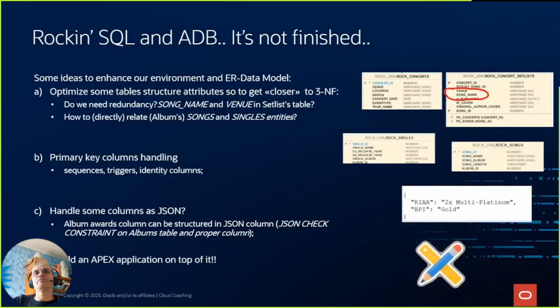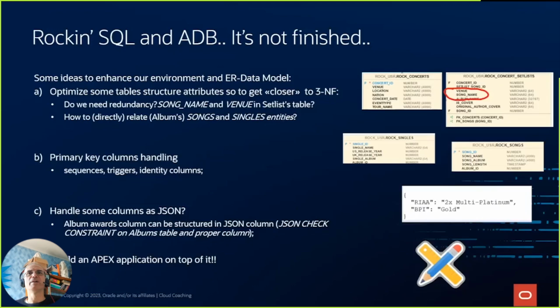Then songs, the songs of an album, and singles. In my entity relationship model, they are not immediately related between them. We don't have any kind of referential integrity constraints, but I have already prepared in my single entity a reference song ID. One suggestion could be: let's directly relate the songs and the singles together.